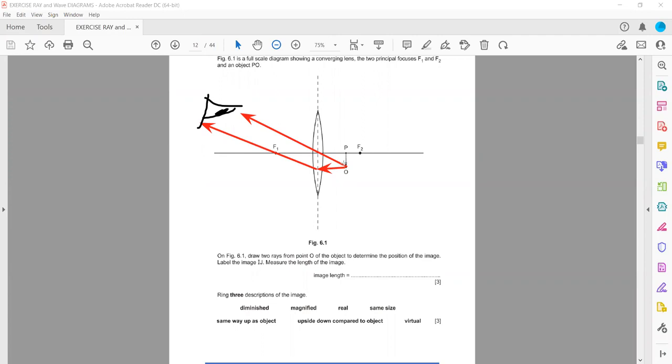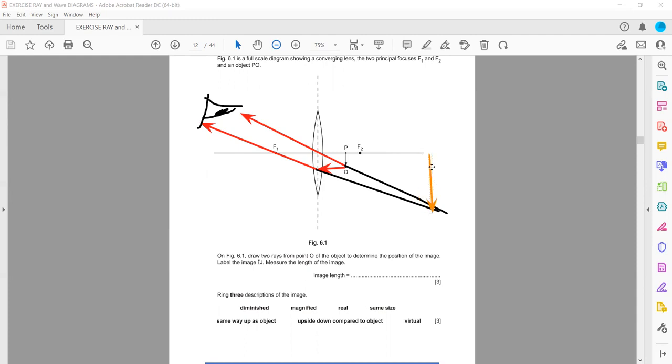So when it recreates the position of the two light rays, produce them backward. The point where the two light rays intersect, our imagination only created this image. That's why it is a virtual image. So the point where the two light rays intersect will be the position of the image.